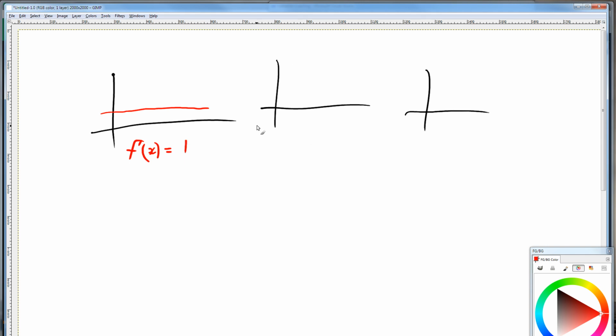Then we could integrate it up and we end up with a graph that looks like that, f of x equals x. And if we integrate this again, we end up with a graph like this: f of x equals half x squared.